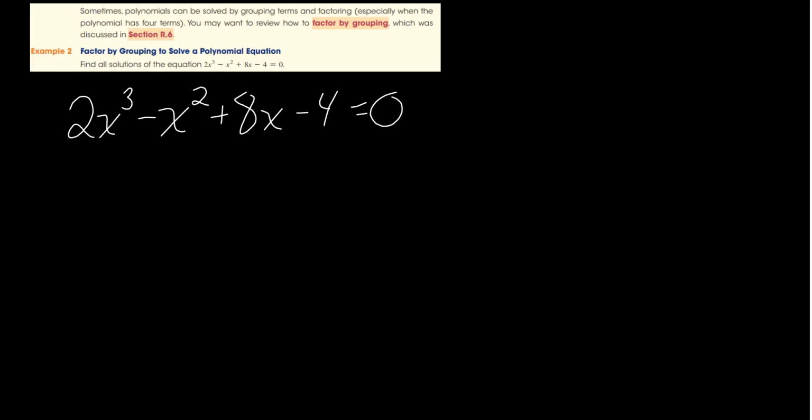So factoring the left side of the dotted line, it looks like I can pull out an x squared, and what remains would be a 2x. And if I pull an x squared out of an x squared, well, that just leaves me with 1. Okay, and the right side, what can I factor out? Okay, so I'm going to factor out a positive 4.